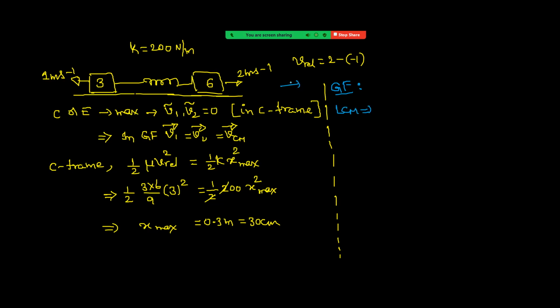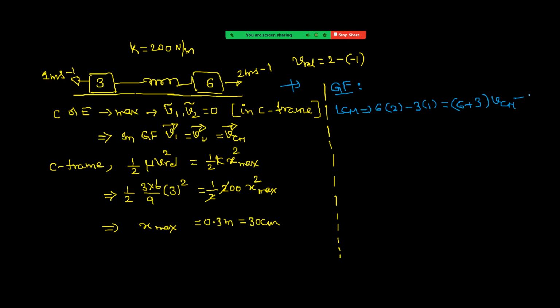Let us take right as positive. Momentum: 6 into 2, left will be negative, so minus 3 into 1. That is equal to, at the time of maximum compression or elongation, they have the same velocity, equal to the velocity of center of mass. I am writing directly (6 plus 3) into VCM.